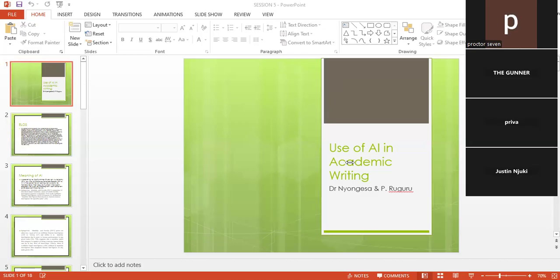And once you do that, there are some situations where the teachers or even the authorities may not allow you. If you want to publish a work and you use AI to write everything, it will be presumed that it is AI that has written that content. It is not you. And that's why in this lesson, we also need to know the extent to which the use of AI is allowed.